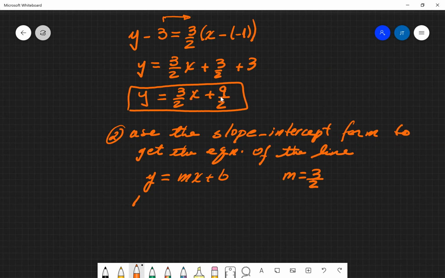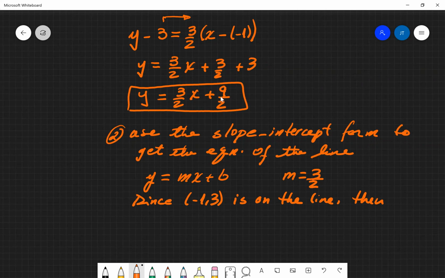Now, since (-1, 3) is on the line, if we plug it into this equation, the equality will hold, because it's a solution to this equation.